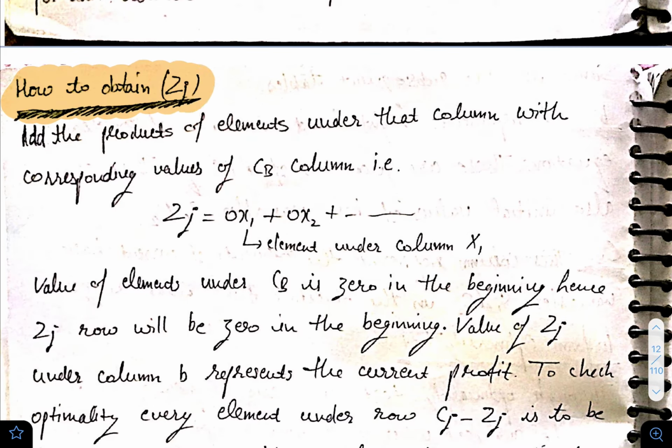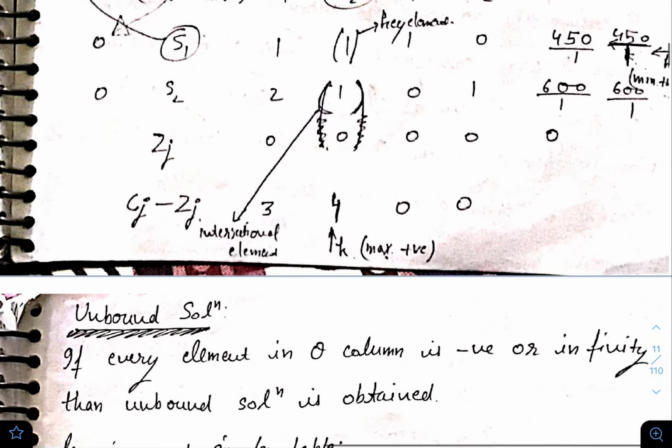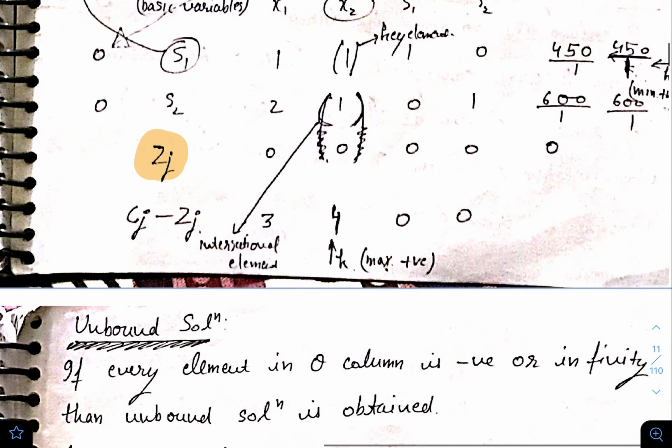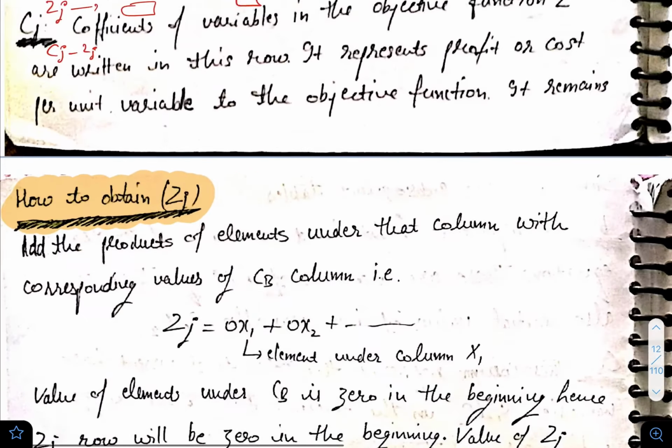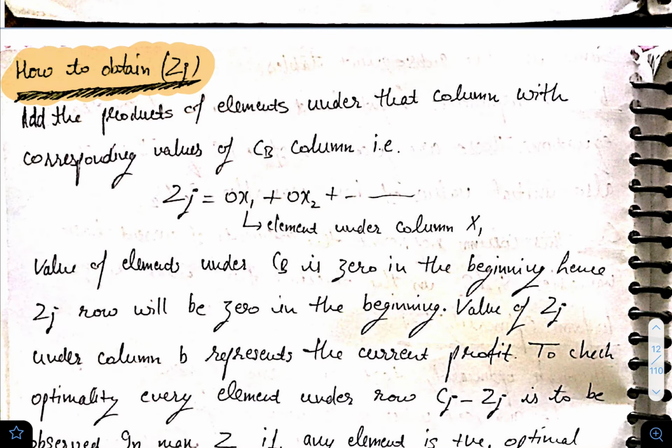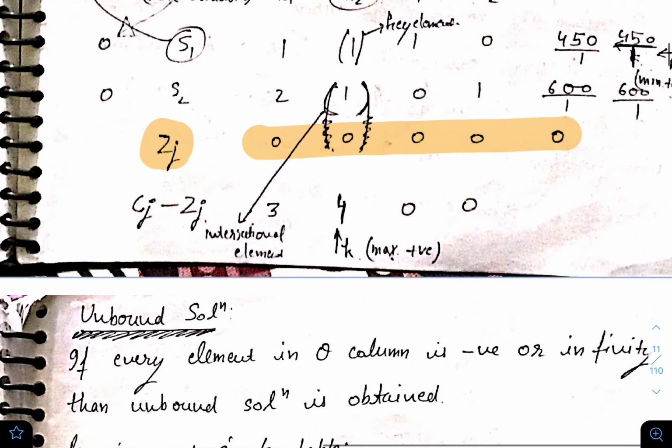How will you obtain Zj? Here is my Zj row, and here are its elements. Now why did I put 0 0 0 0 here? How is Zj calculated? See, we add the products of the elements under that column with the corresponding values of the CB column. What does it mean?